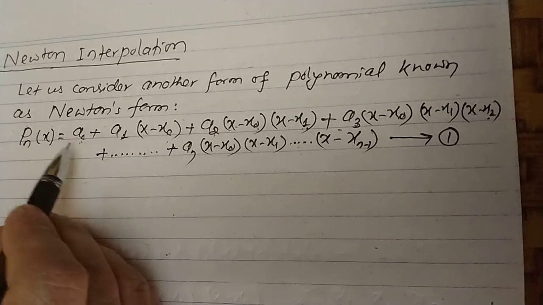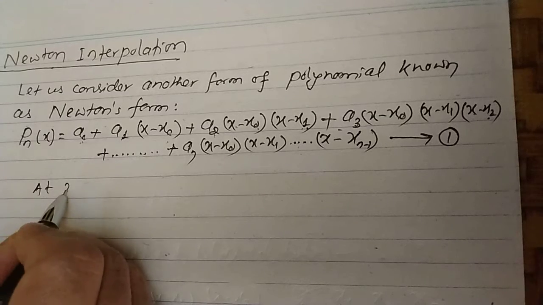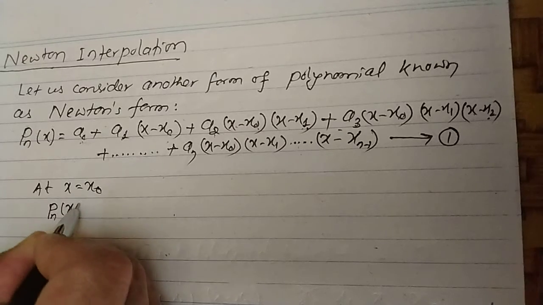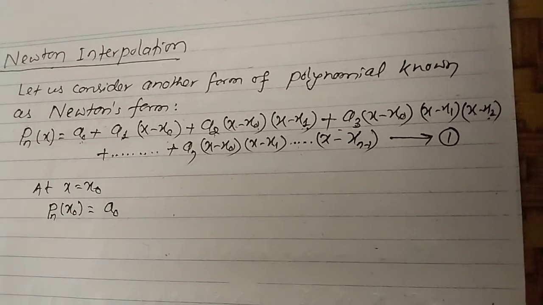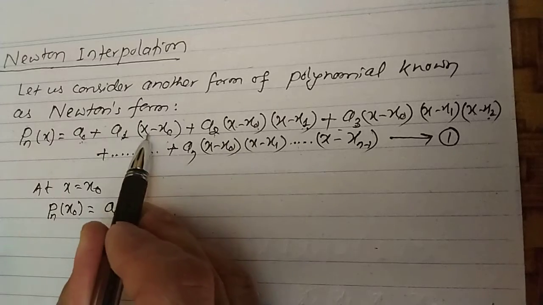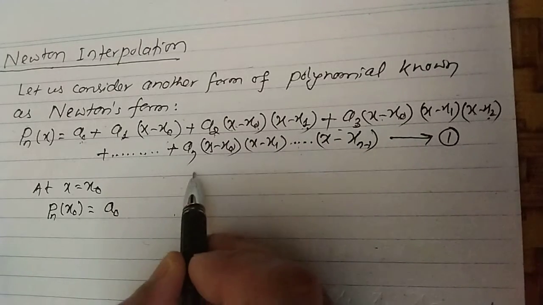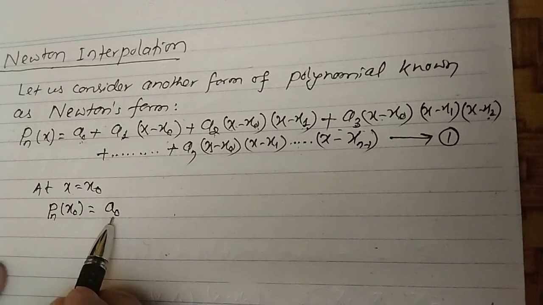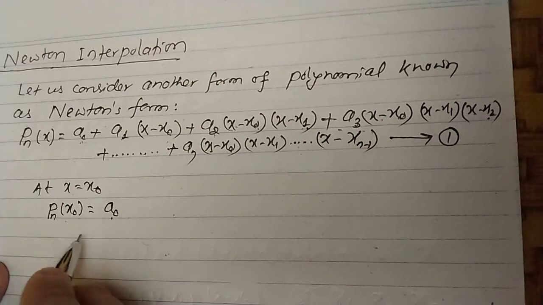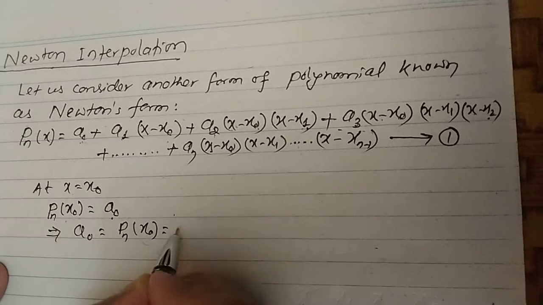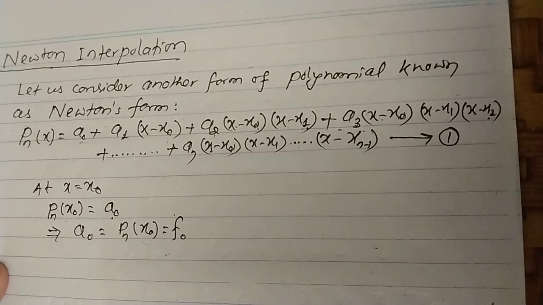So at x equals to x0, if I put x equals to x0, what happens? Pn(x0) equals a0 only. Why? The remaining terms become 0. As soon as we put x equals to x0, x0 minus x0 is 0 here, and here too x minus x0 makes it 0, and this too. So all terms will be 0. So a0 is our Pn(x0). So a0 will be equal to Pn(x0), and we'll call that Pn(x0) as f0. That is given in the table.